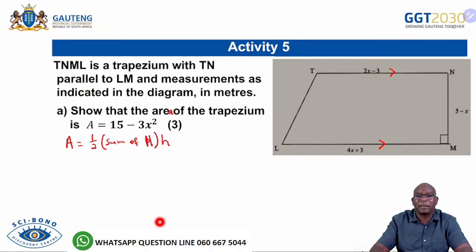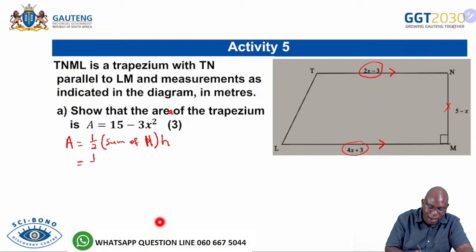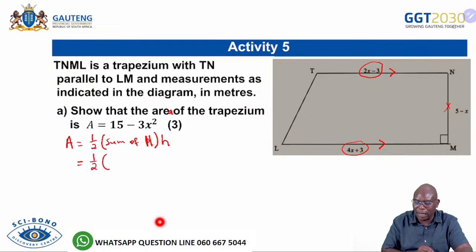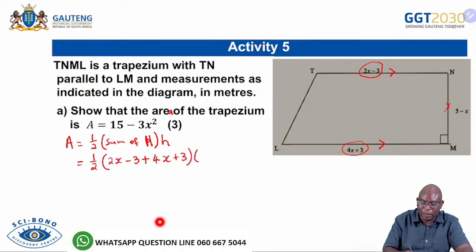multiplied by the height. So in other words, it's the sum of 2x minus 3 and 4x plus 3, and we're multiplying it with this height. So I'm going to have half of, then the sum means that I'm going to add 2x minus 3 plus 4x plus 3 and multiply this by 5 minus x. Good.